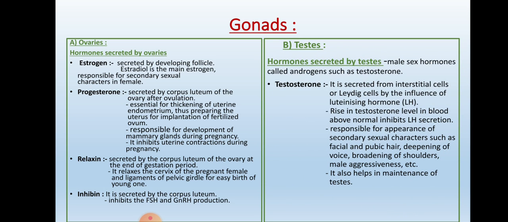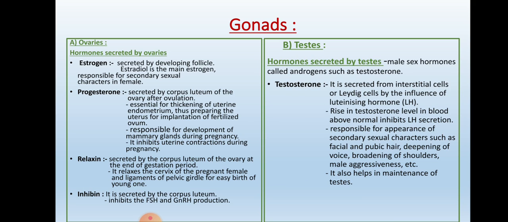Testes, or male gonads: the hormone of the testes is testosterone. It is a type of androgen secreted from interstitial cells or Leydig cells under the influence of LH. If testosterone level increases, it inhibits LH secretion.